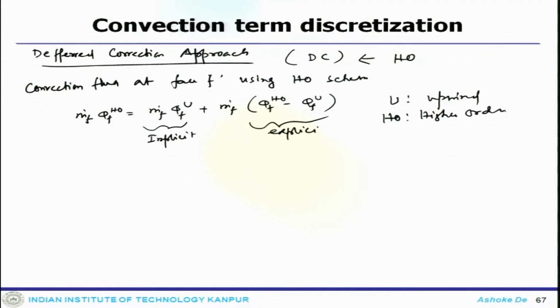By expressing the flux in this fashion, the first term on the right hand side is implicitly evaluated and the second term on the right hand side is explicitly evaluated.